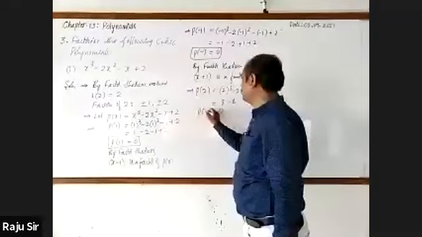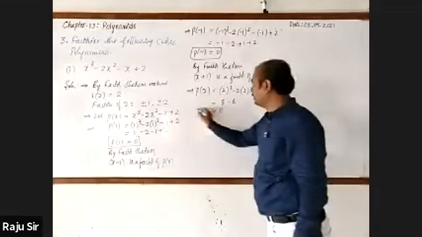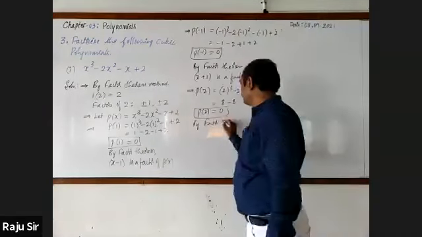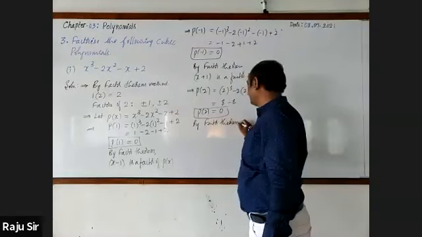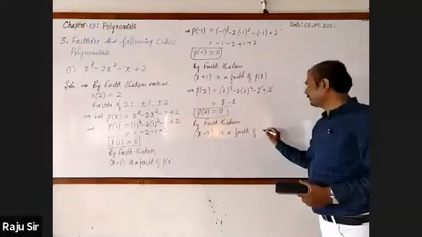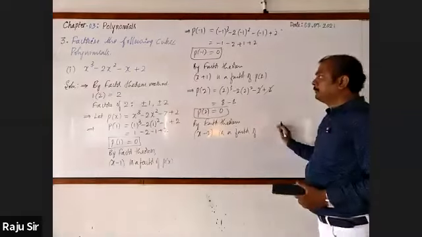P of 2 is 0. Again, by the factor theorem, what is the factor? x minus 2 is a factor of P of x.